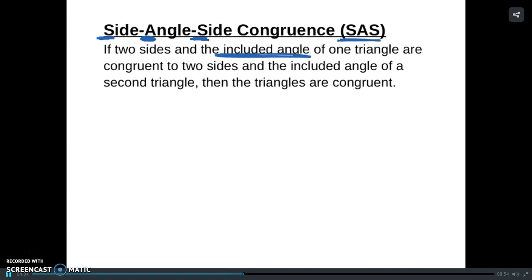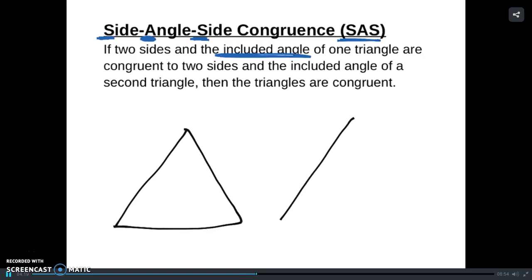Remember, we just said the included angle has to be between those two sides. Okay? So if two sides and the included angle of one triangle are congruent to the two sides and the included angle of another triangle, then you know that those triangles are congruent.